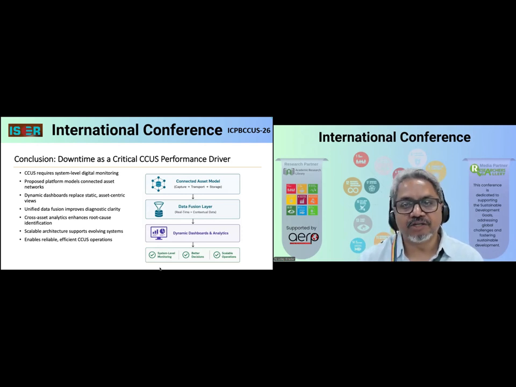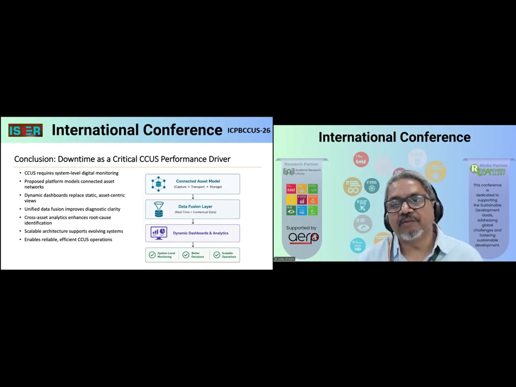Lastly, in conclusion, this work addresses a key gap in CCUS digitalization, which changes asset-centric monitoring into a system-level approach. This proposed platform models the CCUS value chain as a connected network, which is a more accurate representation of operational dependencies.